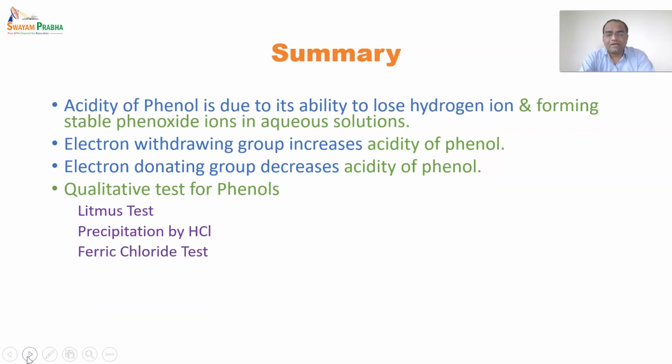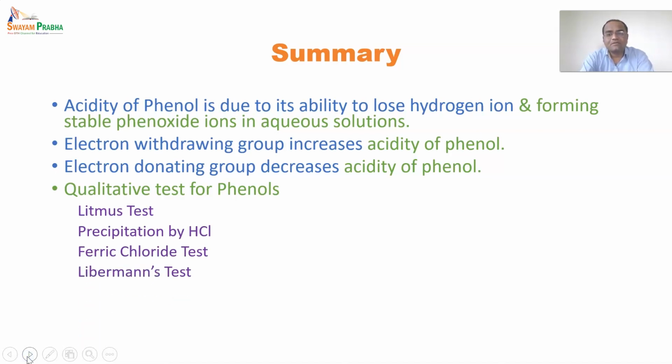After that we saw the ferric chloride test, in which a few drops of neutral ferric chloride solution are added. Different phenol derivatives give different colors, and phenol gives a purple color.